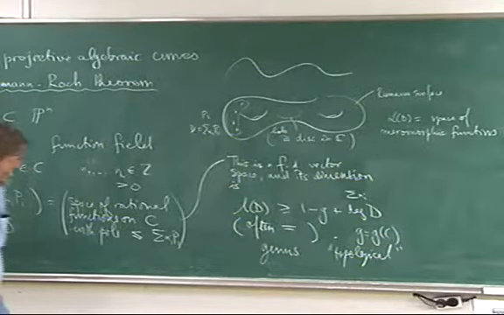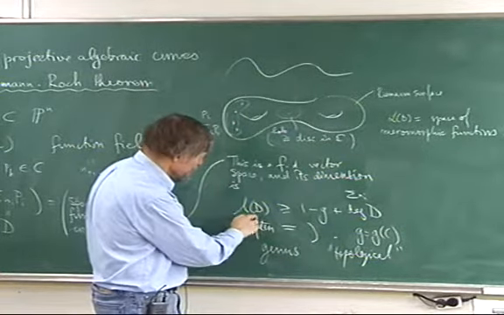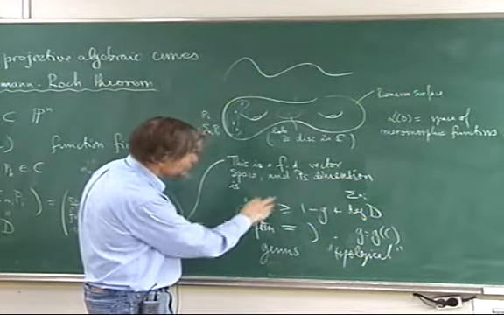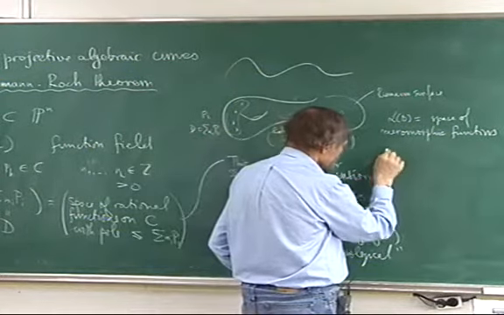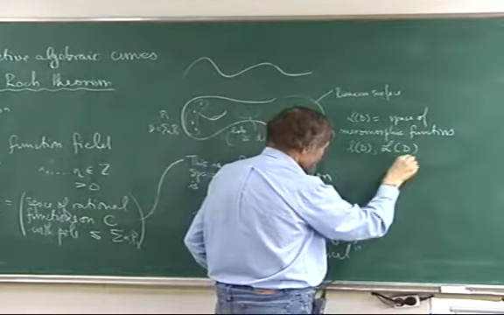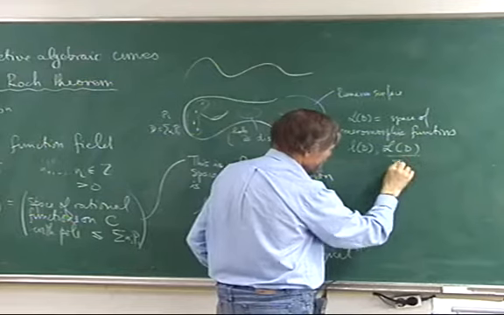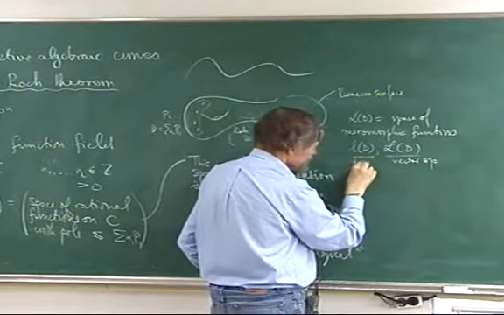So L of D is a vector space, and l of D is its dimension.